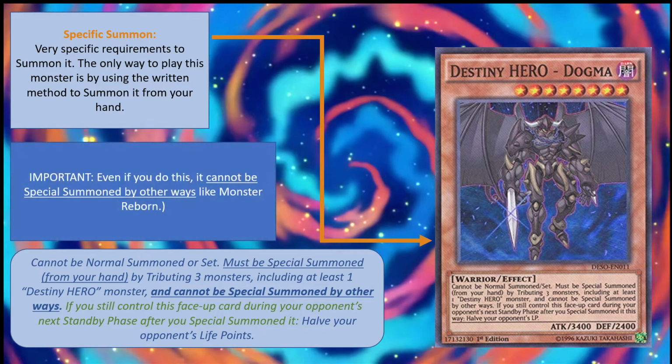Now that will go through. So it's important to understand, even if you do this, it cannot be special summoned by other ways, like Monster Reborn. Your opponent can only react to the summoning from hand. He cannot do anything to the stuff that you are tributing, and your opponent can react to the card's effect.